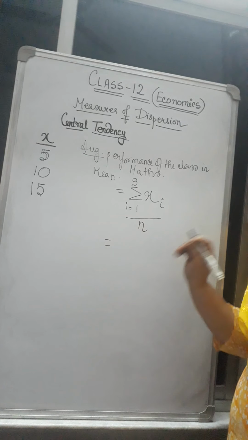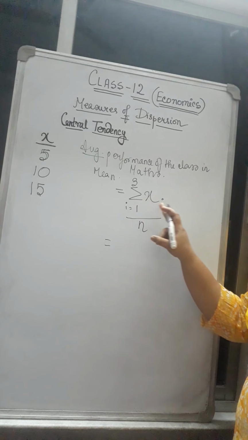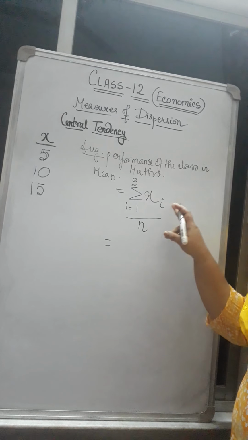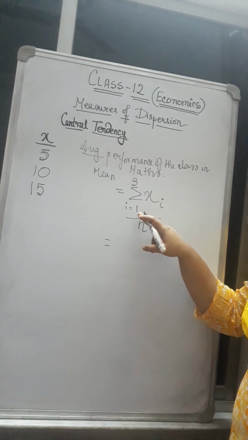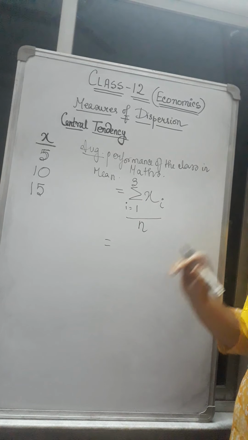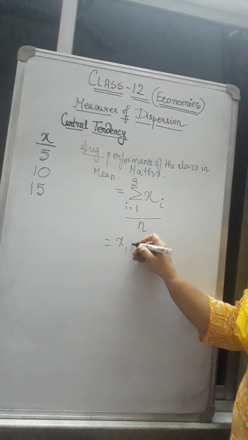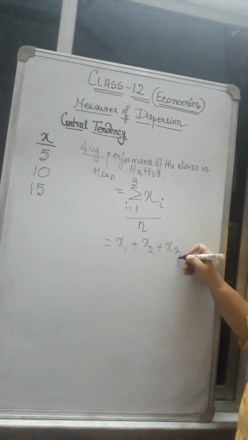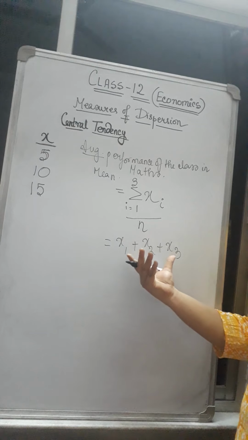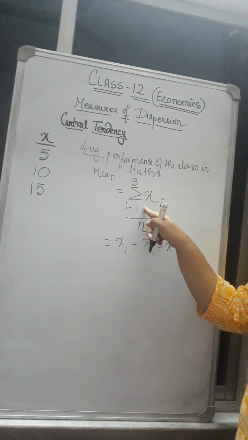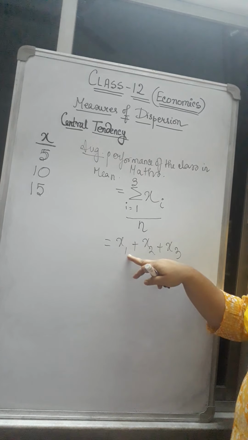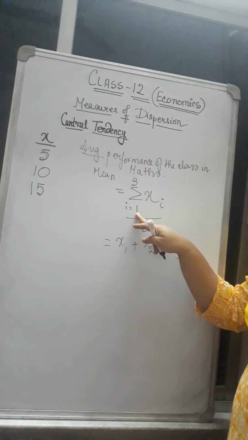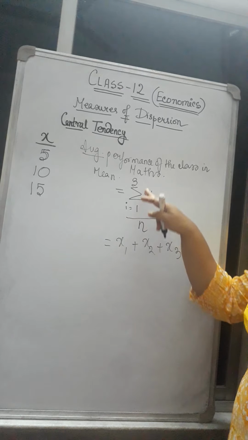Just breaking it down, summation of xi means I am adding up all the x values, and i extends from 1 to 3. That means there are 3 values of x, that means x1 plus x2 plus x3. If I write this together, I write the summation sign, x suffix i, and here I describe i equal to 1 to n.